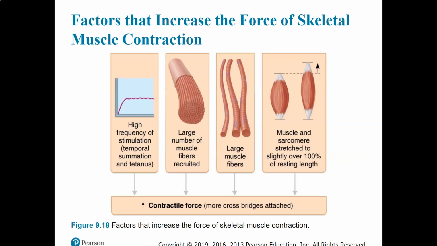So again, the factors that increase the force of skeletal muscle contraction, we have frequency of stimulus, what we call temporal summation. How many muscle fibers get recruited, how big those muscle fibers are, and how stretched out is the muscle.